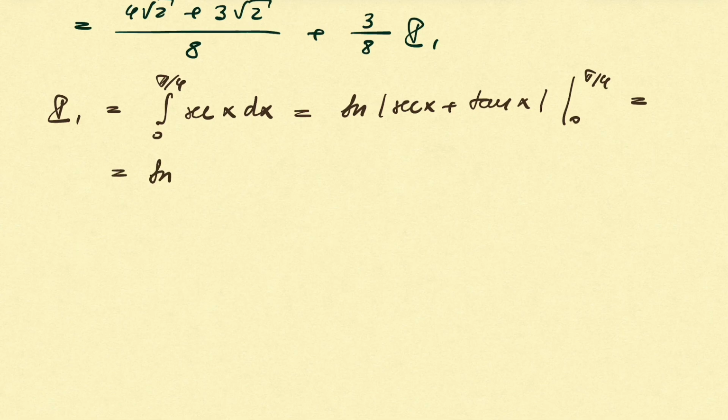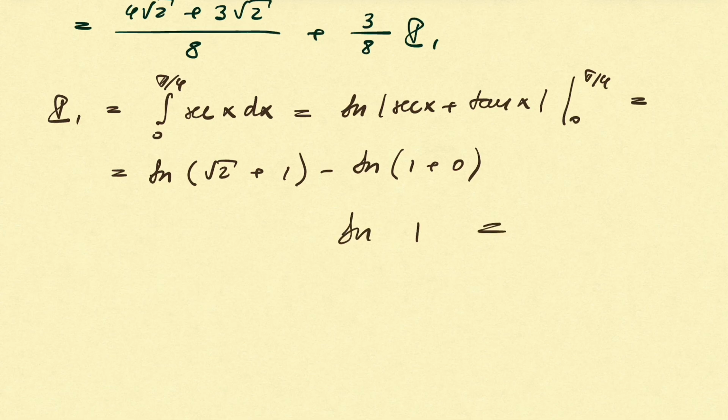It's ln, well, secant of pi over 4 is, what was it? It was square root of 2, and plus tangent of pi over 4 was 1, minus ln of secant of 0, which was 1, plus tangent of 0 was 0, and ln of 1, it's by definition 0, right?